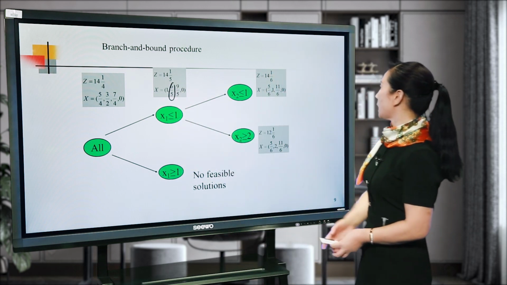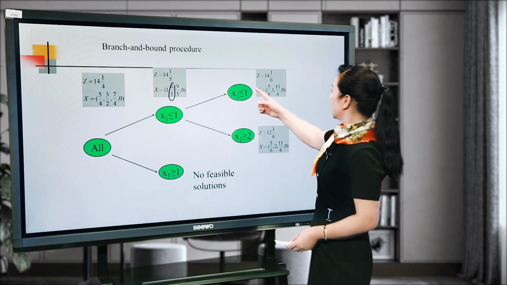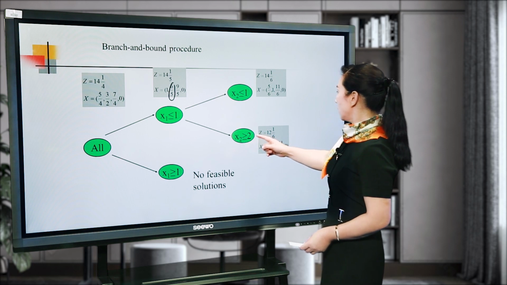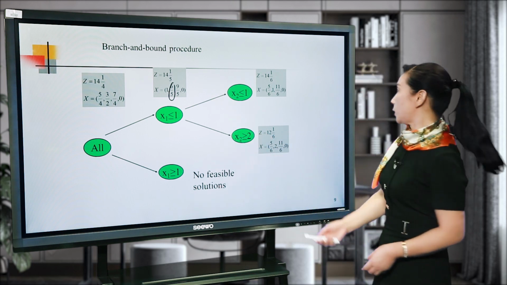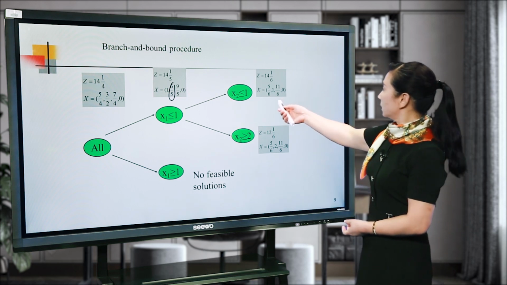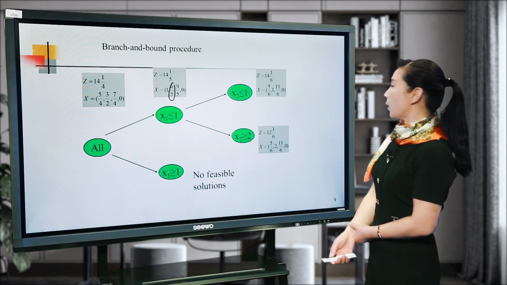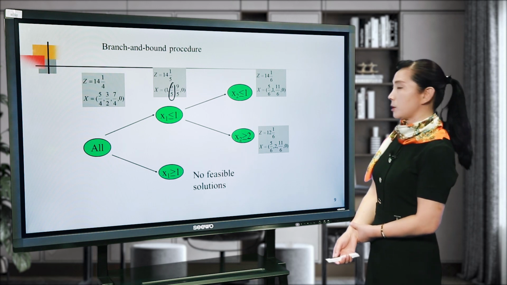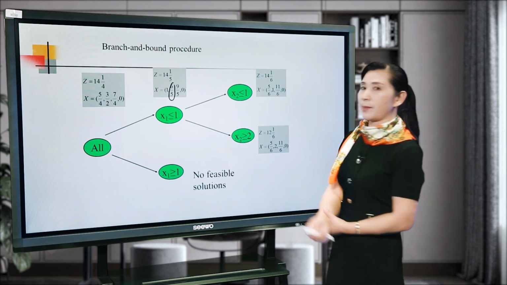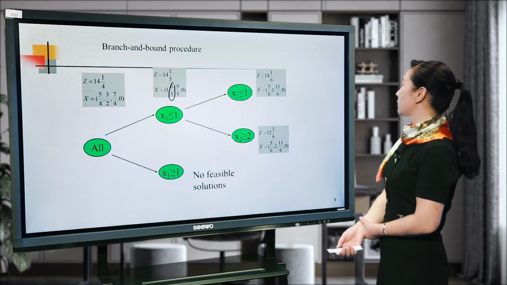So we set x2 less than or equal to 1 and x2 greater than or equal to 2 to divide into two subproblems. These are two relaxation LP problems, and we solve them by the simplex method to get the optimal solutions.